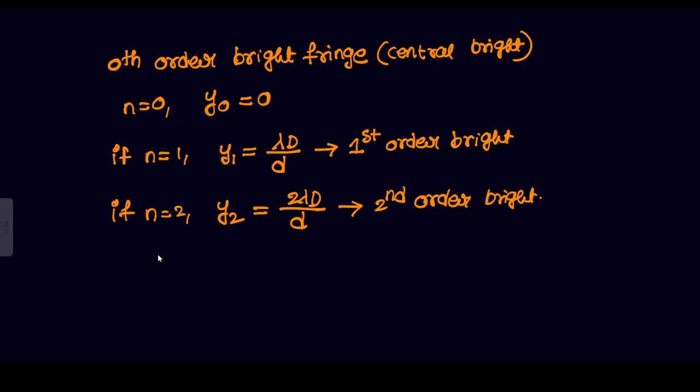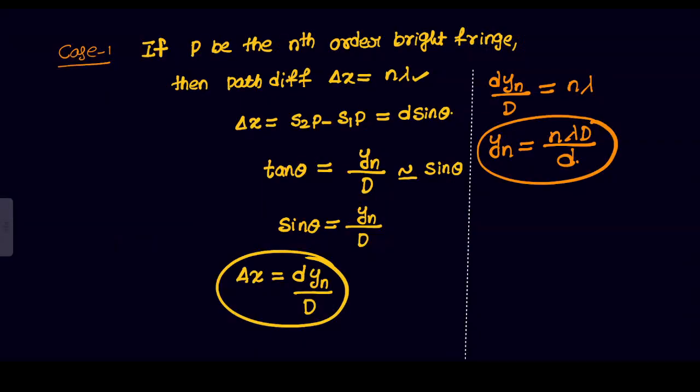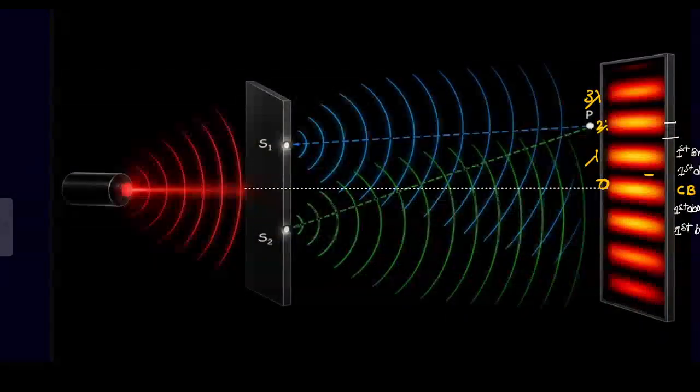Now we'll talk about the fringe width. Here the central bright is formed, and here we have the first bright.